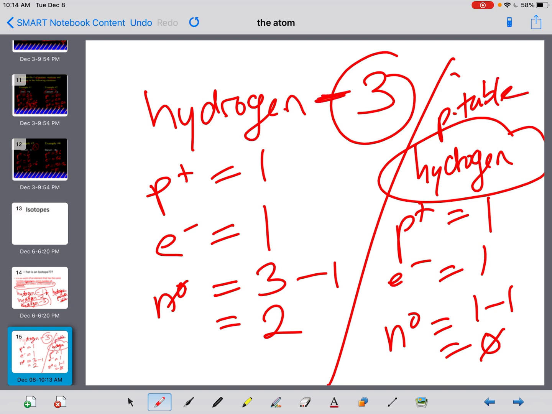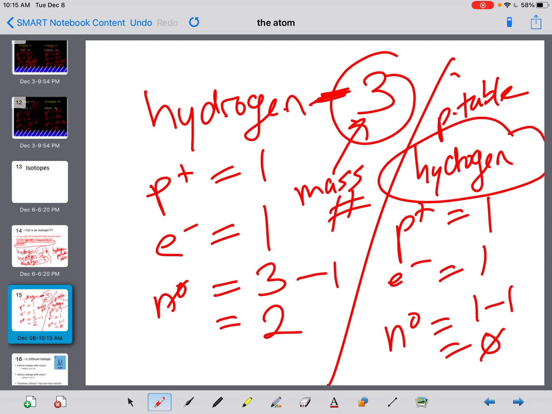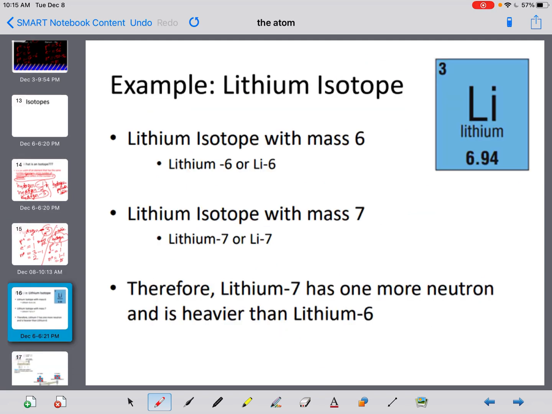But when there is a hyphen and a value, this is the mass number that you have to use when you're doing these calculations. Because remember, the periodic table is an average of all the different types of atoms that exist for hydrogen. When you are saying hydrogen dash 3, that means you specifically want that mass number. Okay.